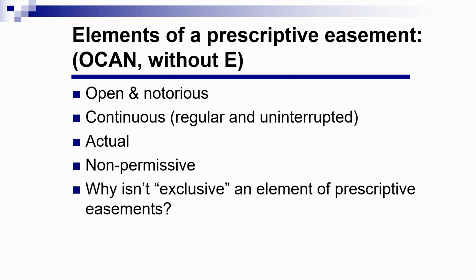So exclusive simply doesn't fit in the lexicon of easements. Usually the time period for a prescriptive easement is the same as the period for adverse possession. There are a few states in which by statute it is a different period, and you need to be alert for that, but usually it's the same.